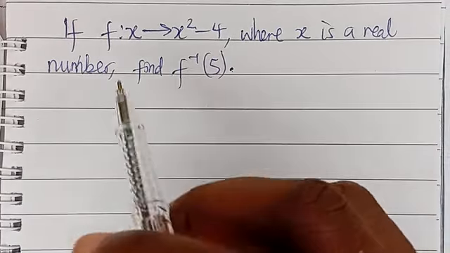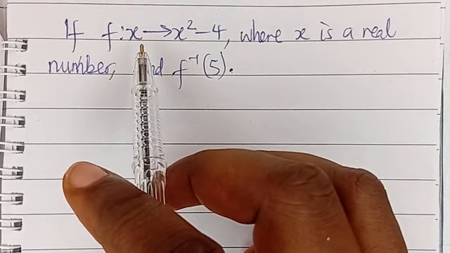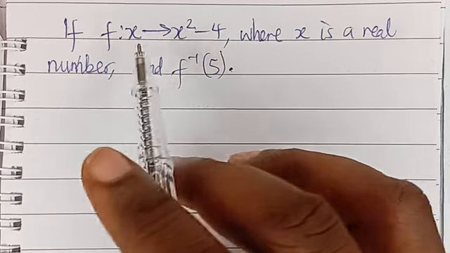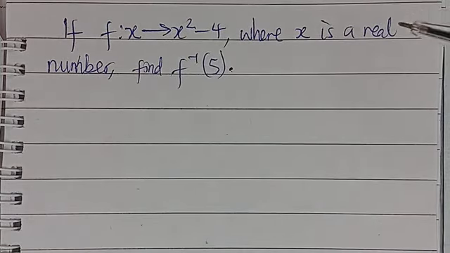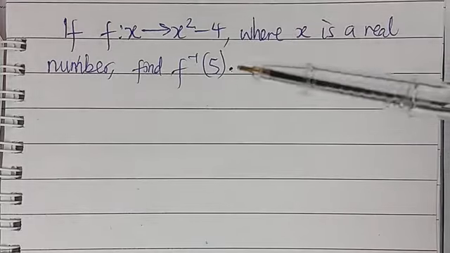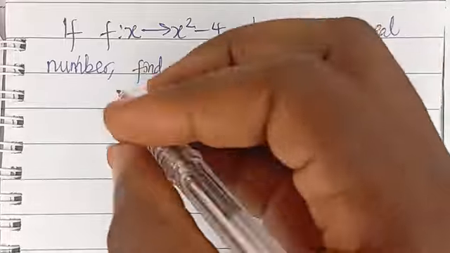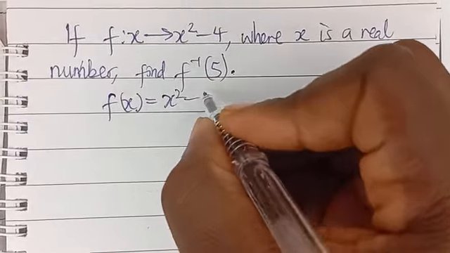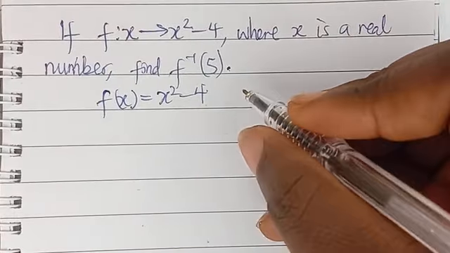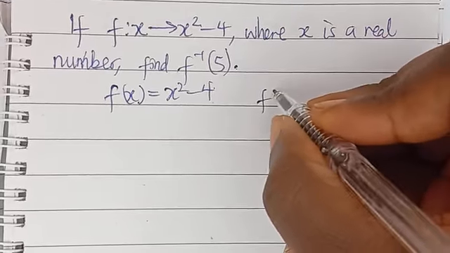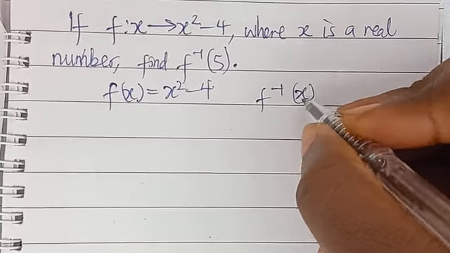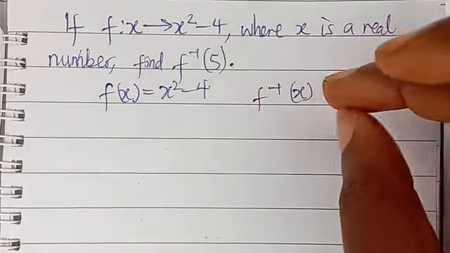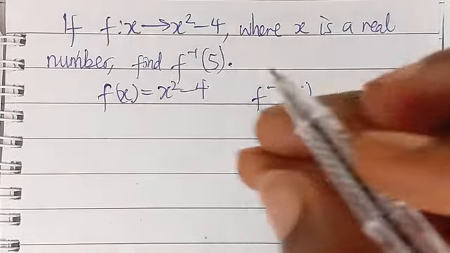If the function f is such that f of x is x squared minus 4, where x is a real number, find the inverse of f of 5. So we have that the function f of x is equal to x squared minus 4, right? The first thing we have to look for is the inverse of f of x. When we find that, we substitute 5 for x in that function.